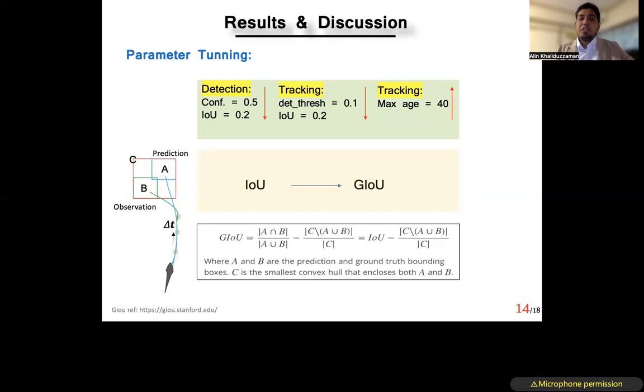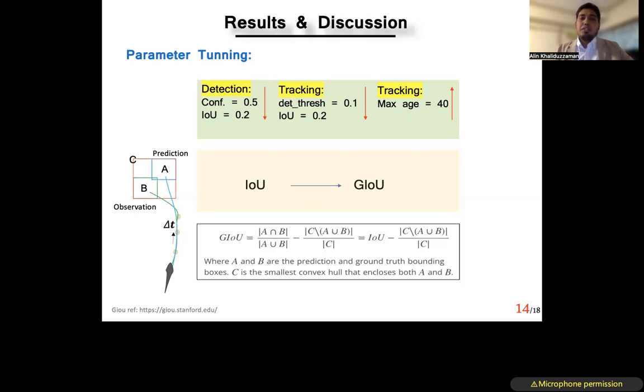For this reason we need to improve the performance of SORT and OC SORT. As I said, it is not satisfactory in the default setting, so I took several initiatives based on the parameters, summarized here. For detection, I reduced the confidence level to 0.5 and IOU to 0.2.